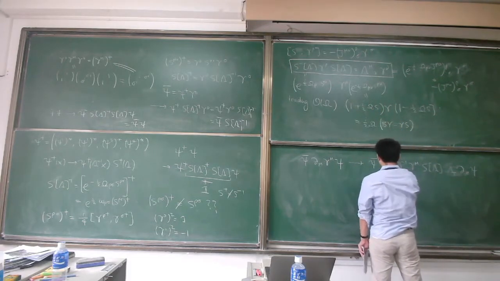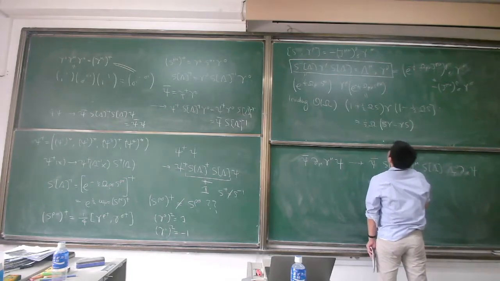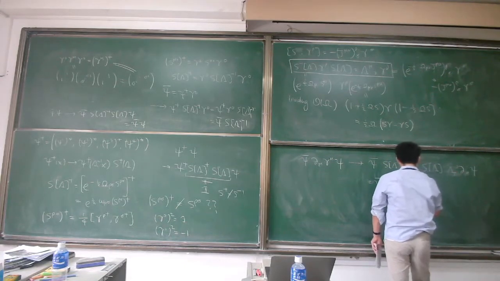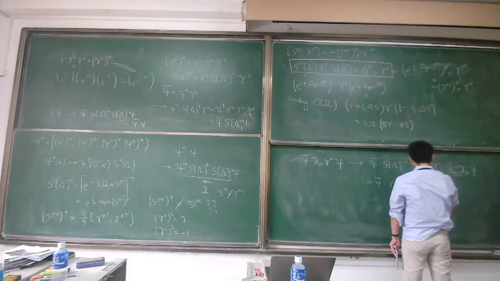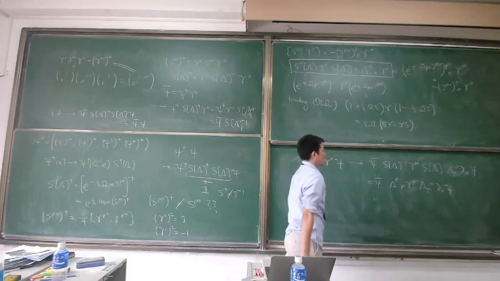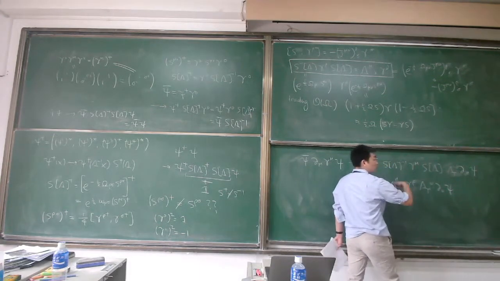So therefore, this is psi bar, lambda mu rho gamma rho, so gamma rho and gamma mu. And if you contract mu and mu, what you get is delta rho mu.